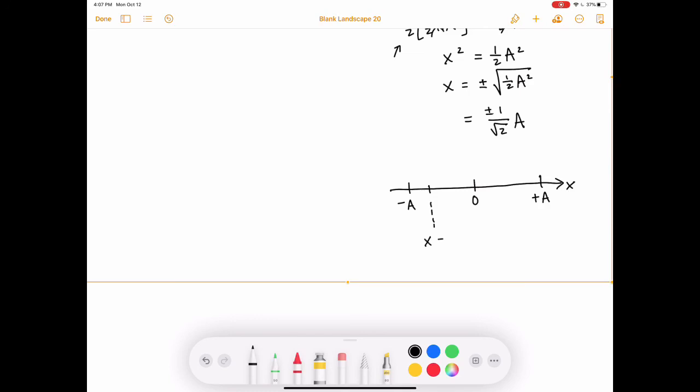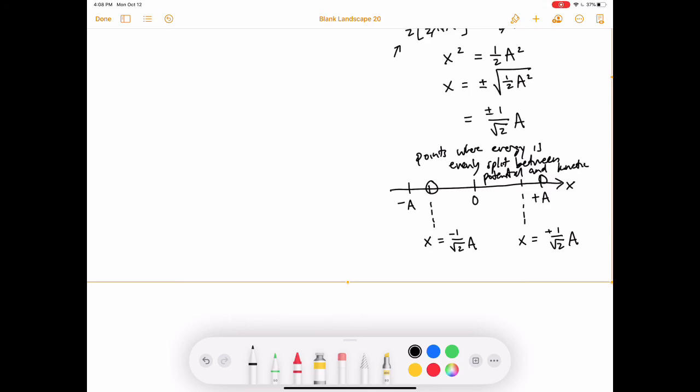Over here, where x is equal to minus 1 over root 2 times a, and also over here, where x equals positive 1 over root 2 times a, these are the 2 points where energy is evenly split between potential and kinetic. Okay, that's what we learned.